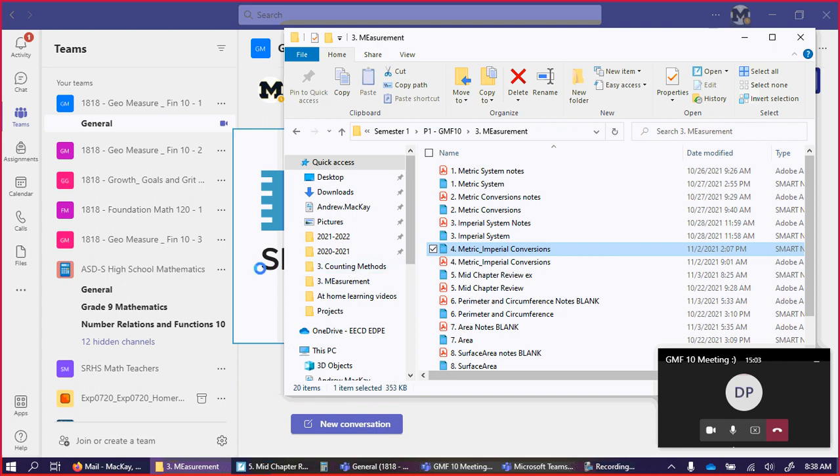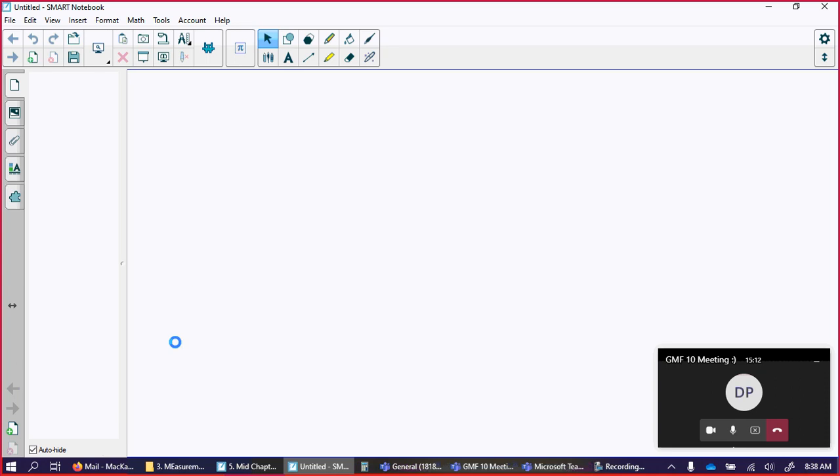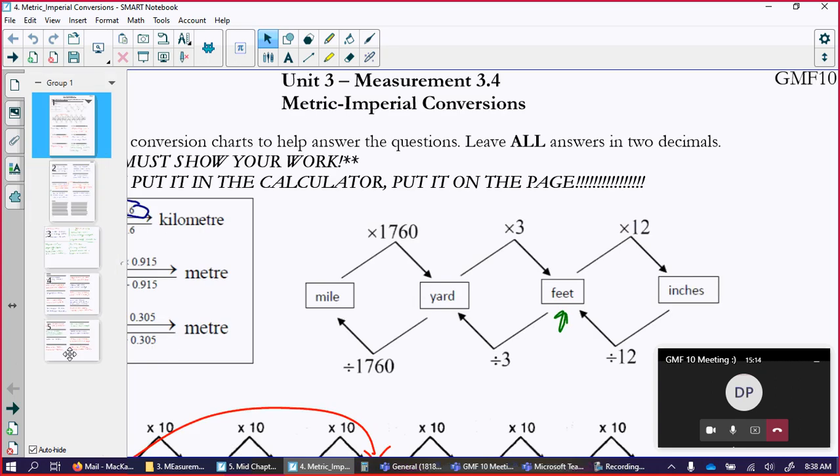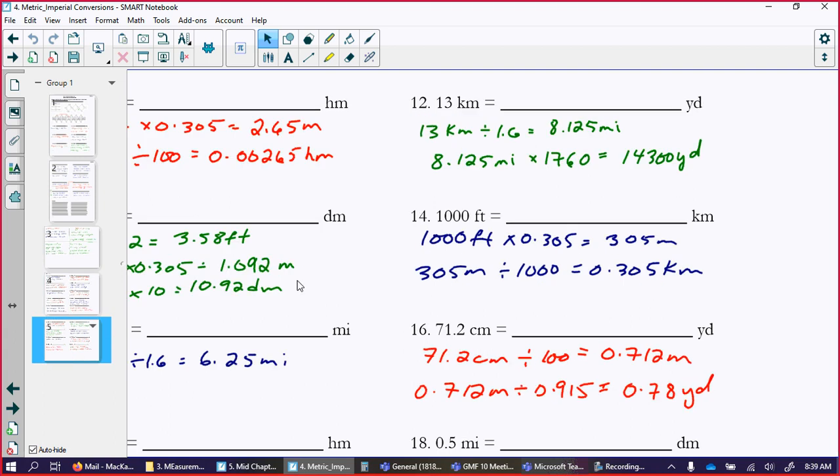No, I think I did all of those yesterday afternoon. I will update that file with the answers to all of those imperial metric ones that I did yesterday.